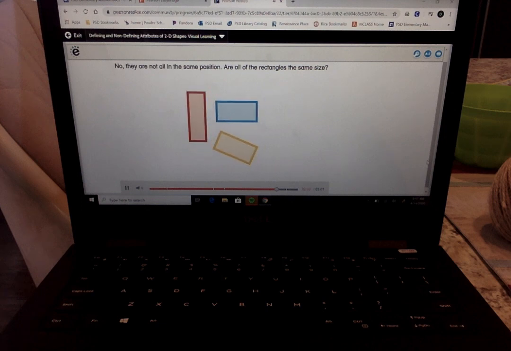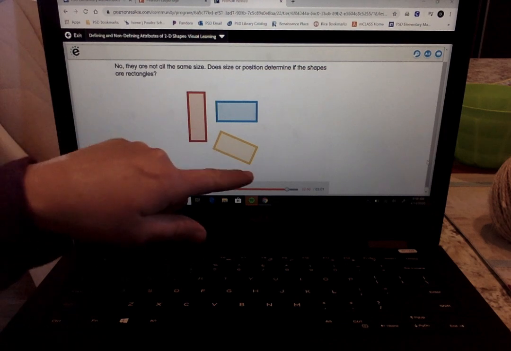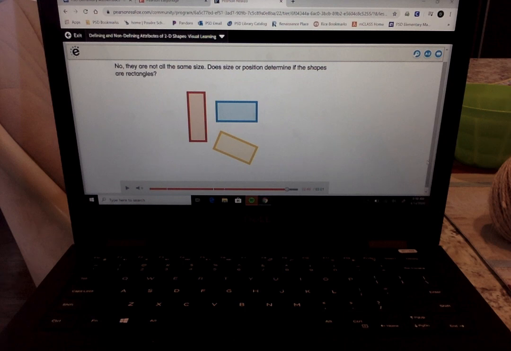Are all of the rectangles the same size? No, they are not all the same size. Does size or position determine if the shapes are rectangles? We talked about that in the beginning. Does it matter if they are a different size? Does it matter if they are a different position? No, it doesn't.